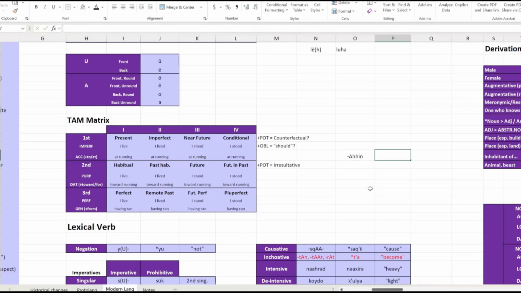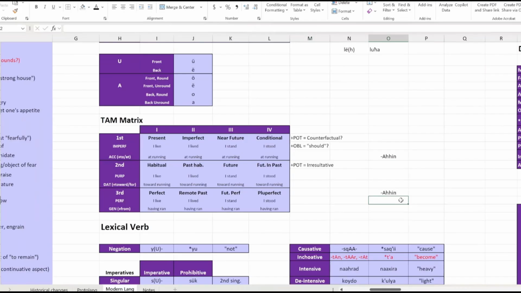And then theoretically, you could do exactly the same thing with the third principal part, because that would be at the time from which something happened. At the time from getting back home, I went to bed. So it emphasizes the immediacy of one action following the other.